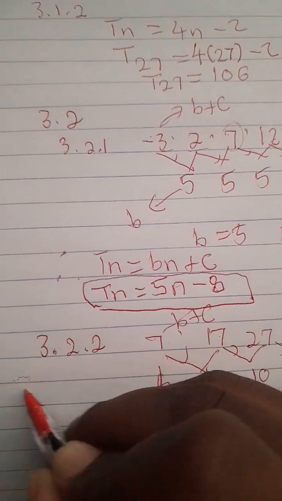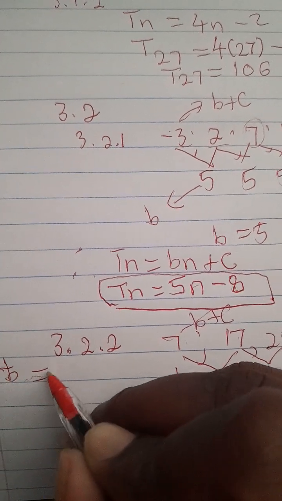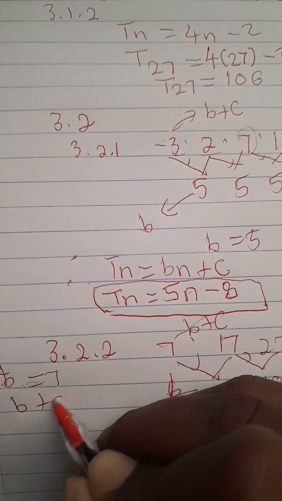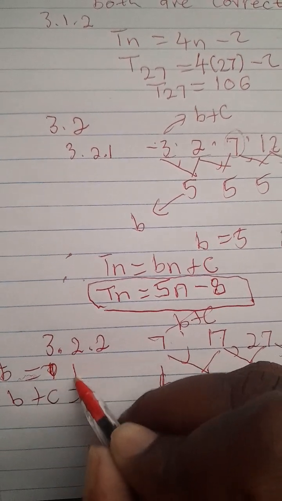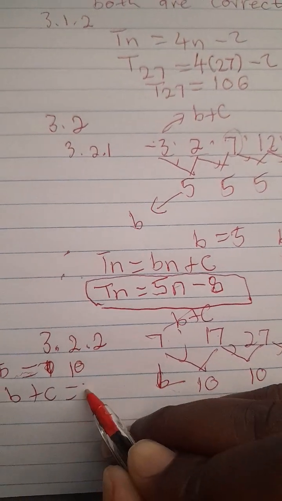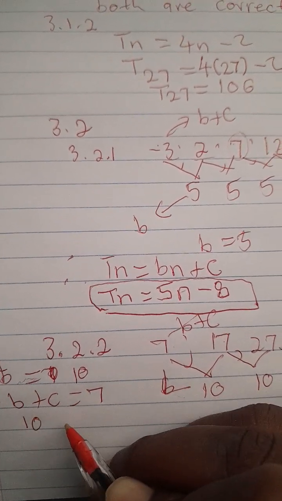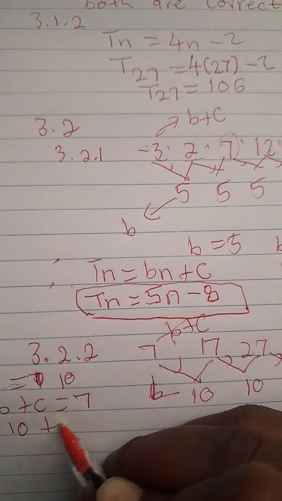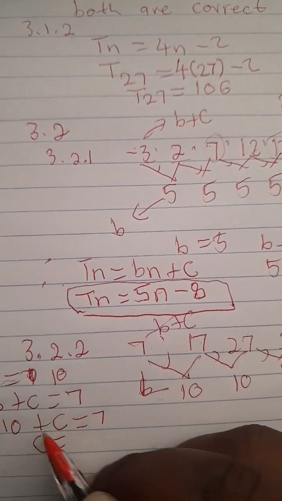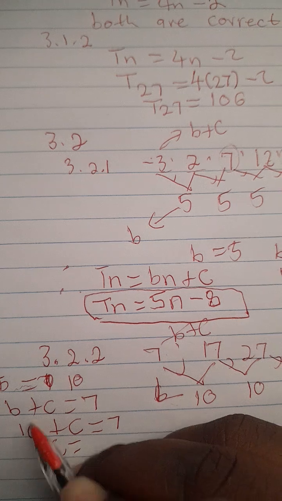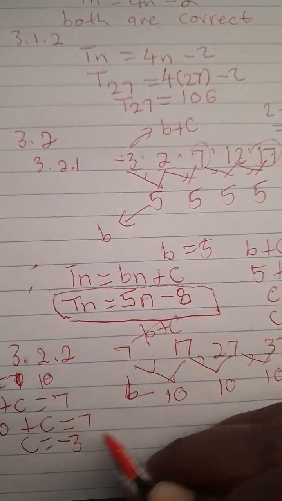Let's find the nth term of this. We have b as 10, sorry for that, and our first term is 7. So where there is b, you replace it by 10: 10 plus c is equal to 7. If I take 10 to the other side, it's 7 minus 10, which is negative 3.